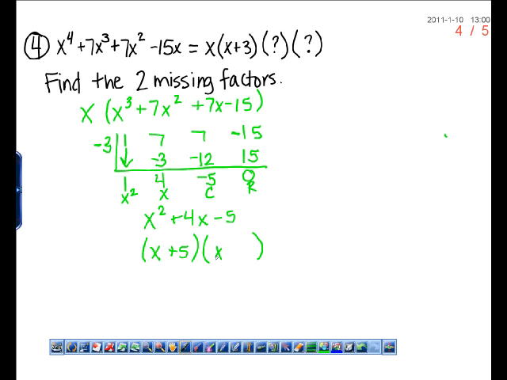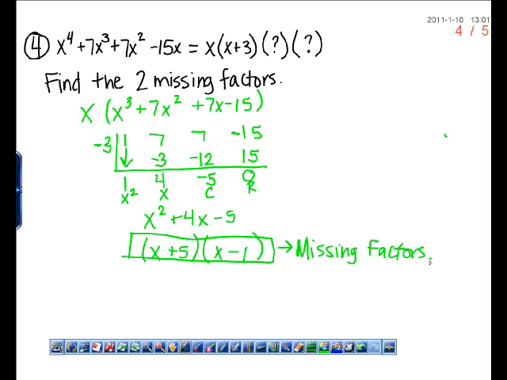Good. These are your 2 missing factors. It just makes it easier to do synthetic division with fewer terms because we lowered the power.